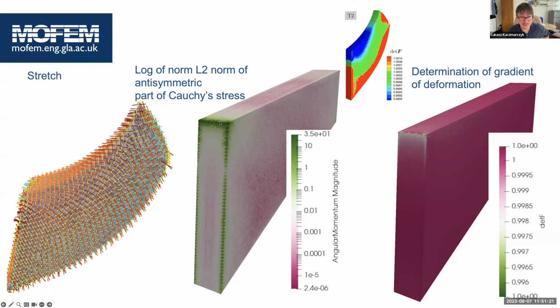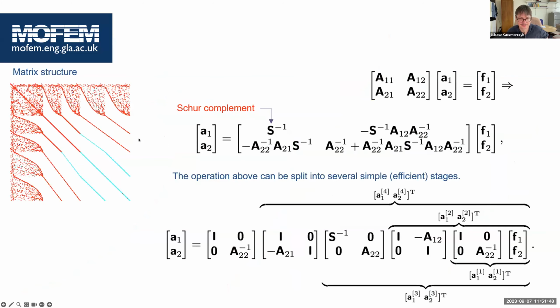You are creating a singularity over here, so you would need a crazy dense mesh in order to make this error go down. This is a typical problem with singularities. But an added benefit is, since we approximate the stretches or logarithm of stretches, we can easily plot them, because we can plot the field.